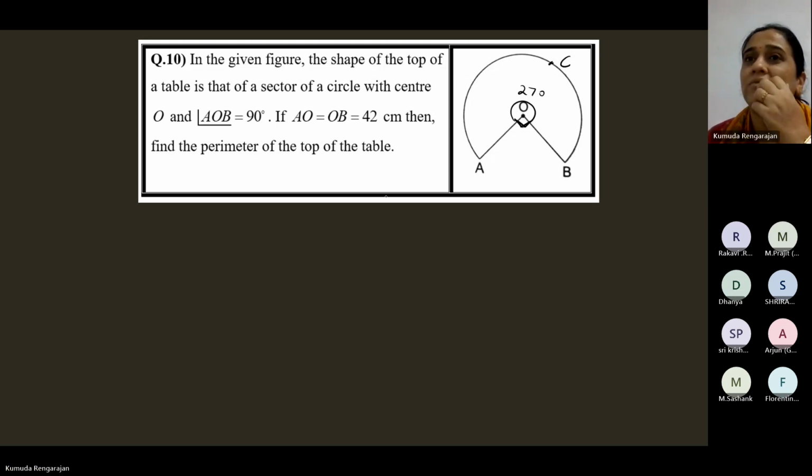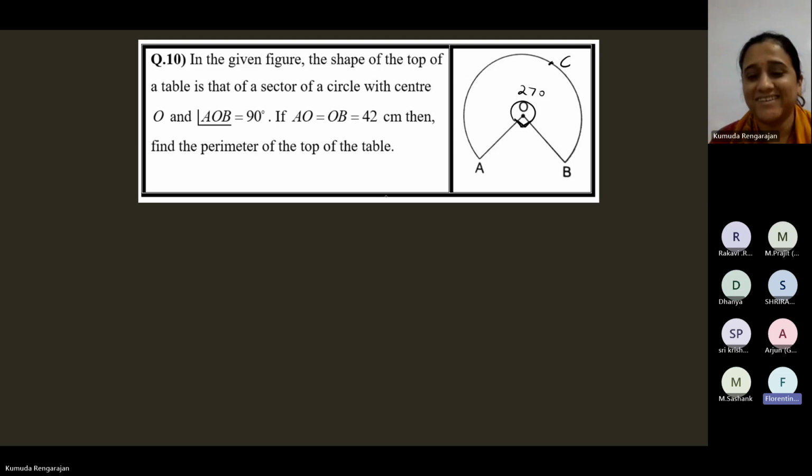Anybody, please answer. What is the formula? Now for this situation, what will be the expression to find the perimeter?